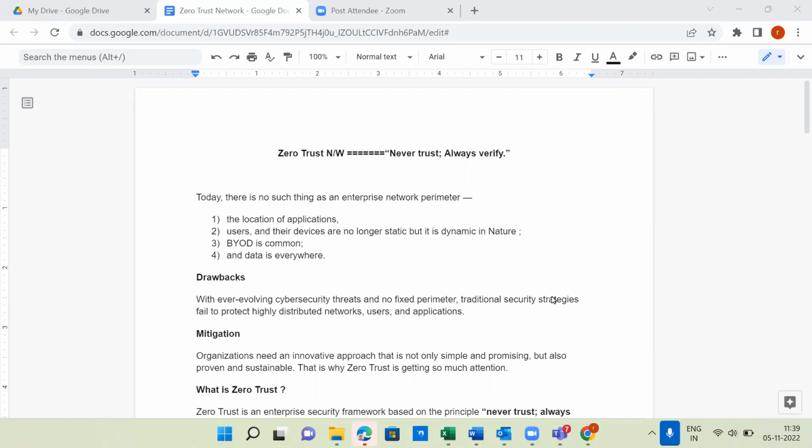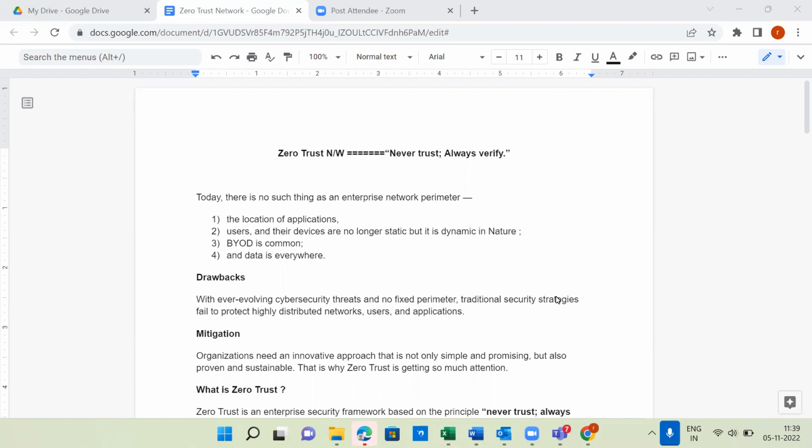Because perimeter is not existing anywhere, what are the drawbacks? There is no fixed perimeter at all. And if you are implementing traditional defense in depth layer controls, it is not sufficient.